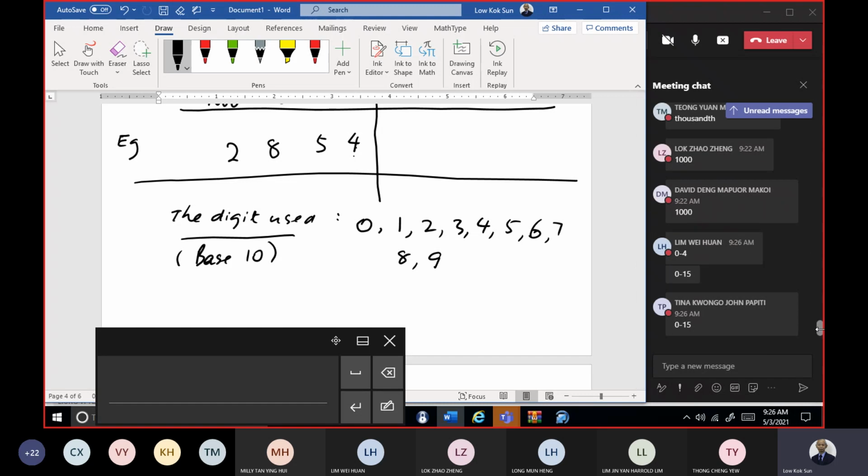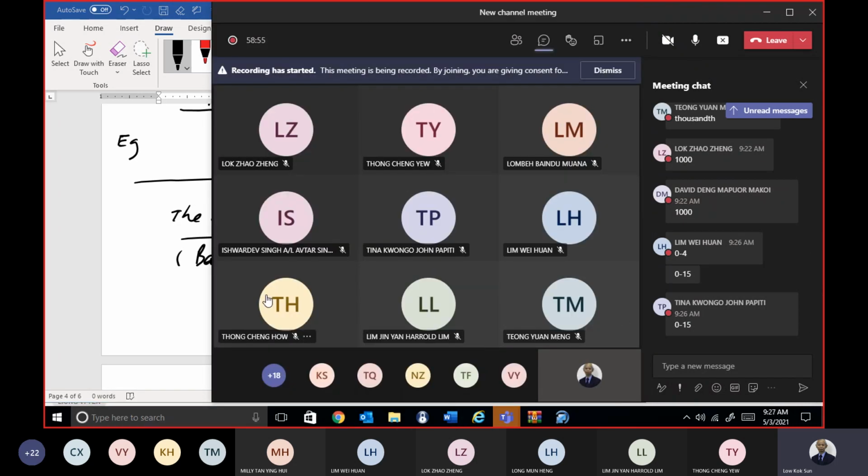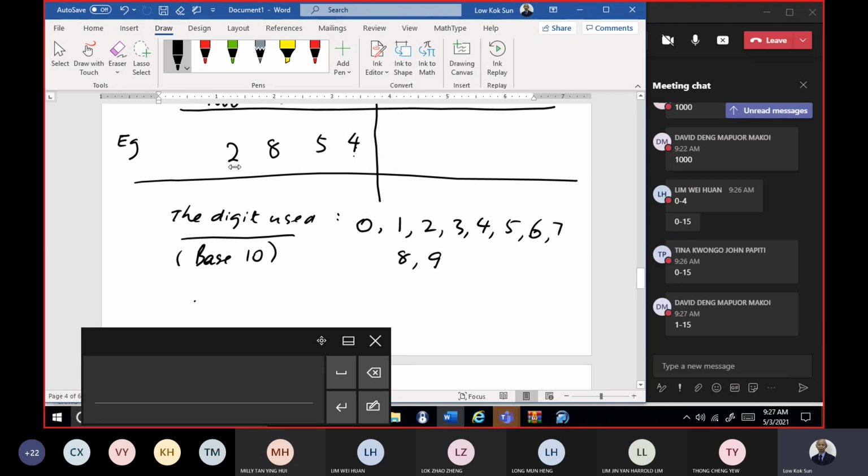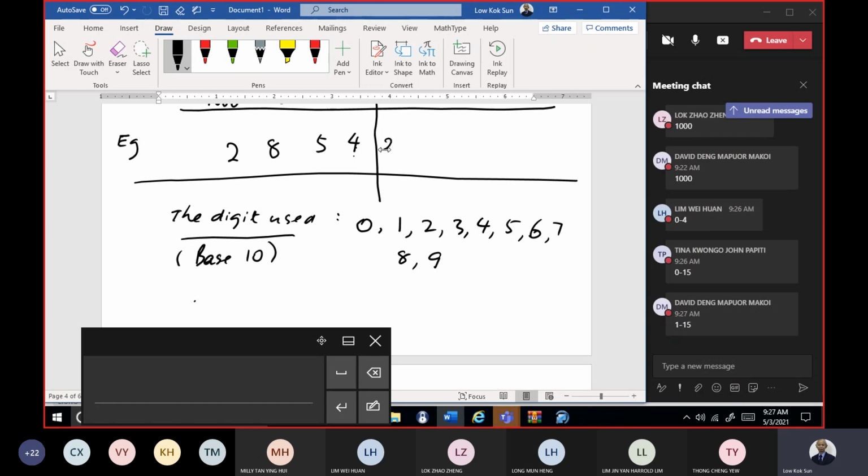Now look here, I just want to list down, since you know the value. This 2 has very high value. So just now you already said, this represents 1000, so 10 to the power of 3.